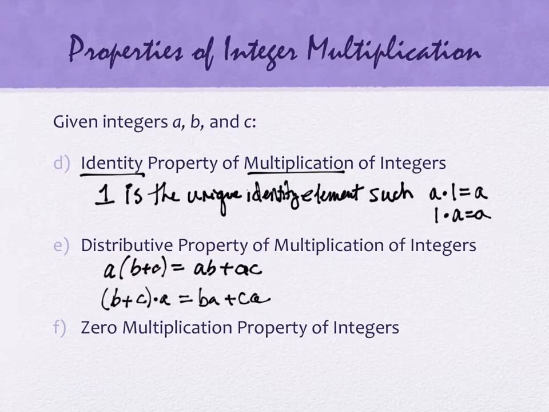All right, so what I want you to do, oh wait, sorry, one more, my bad. Zero multiplication property of integers. This is actually talking about the number 0. What do you know happens when you multiply by the number 0? It equals 0.